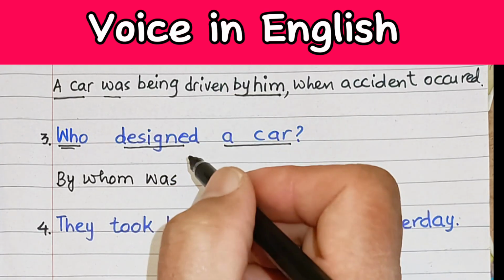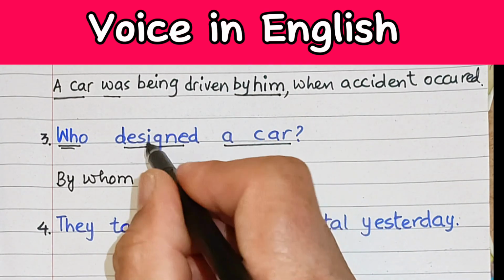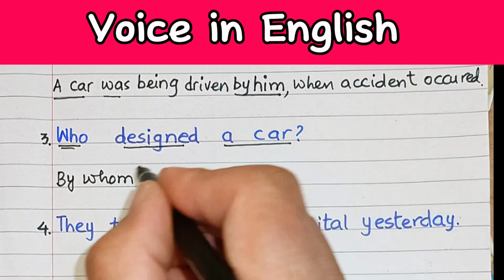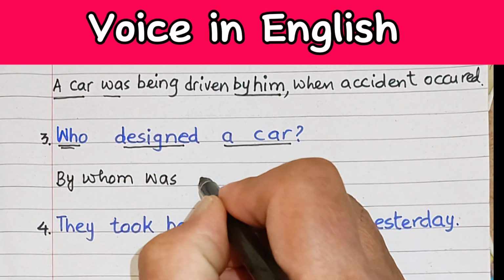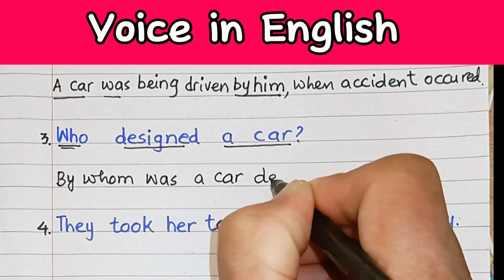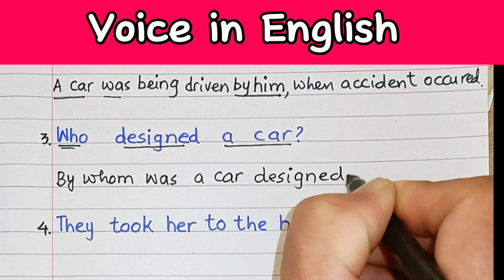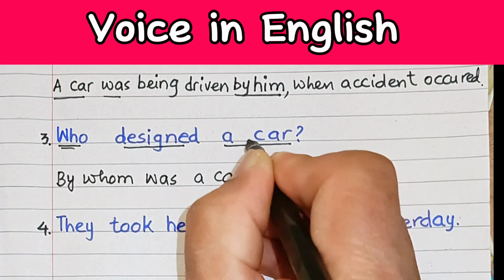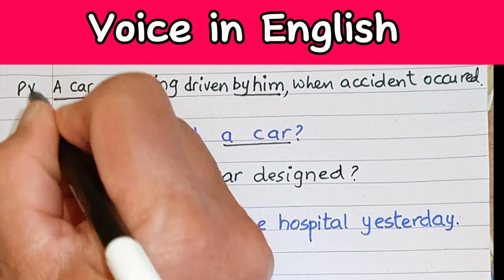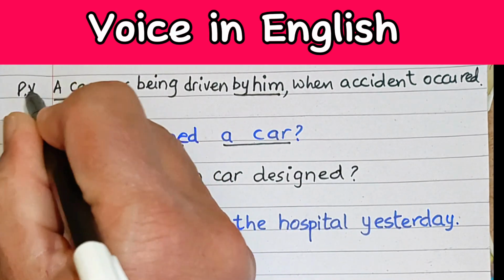If it were present, it would be is, am, are. But over here we can put was or were, because a car means one car is there. By whom was a car designed? So this is the passive structure of this active voice.